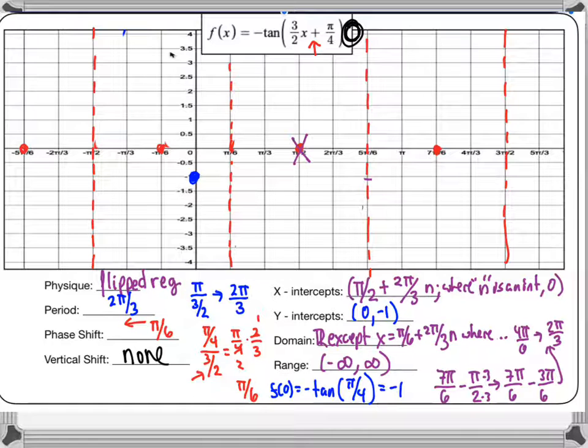So let's take a look at what we need to do. It looks like I'm going over here, and I like to go where I have the most information to start with this business of just trying to get the graph nicely portioned out. And so it looks like I'm going here and here, so going through like this. Okay.